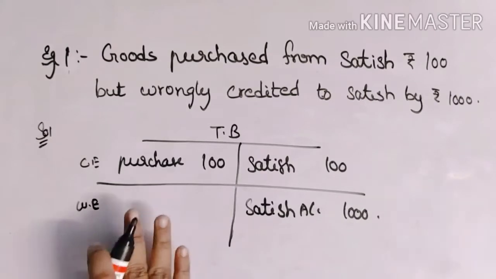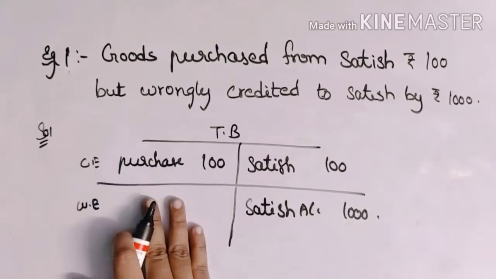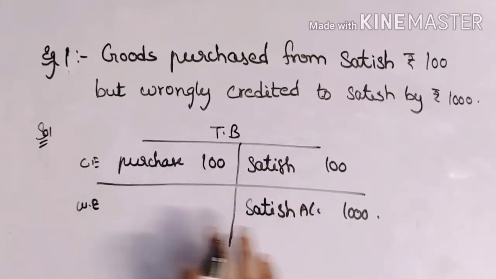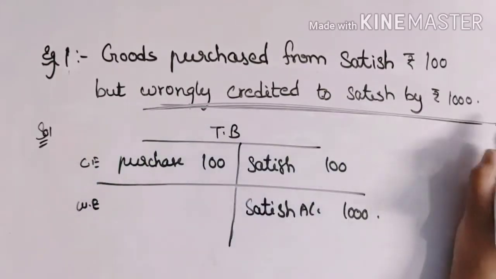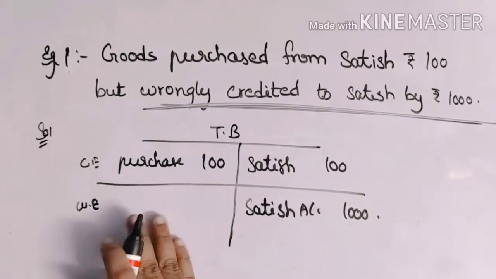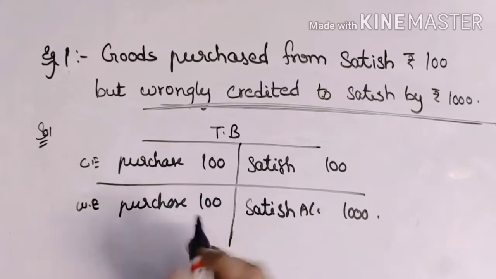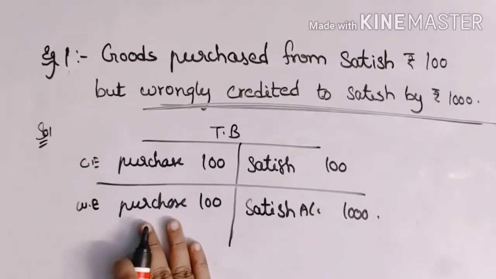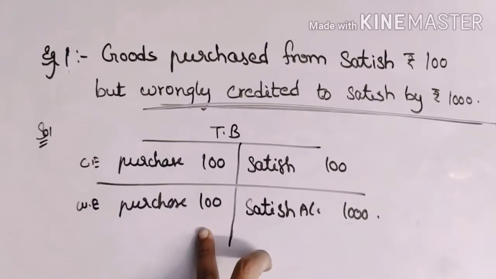Okay, and on the debit side, they didn't say that the purchase account has also been debited by ₹1000. They simply said that only the Satish account is wrongly credited. So there is no error in the purchase account. The purchase account is clearly debited with 100 rupees. 900 rupees is not at all tallying. So this is one type of error.